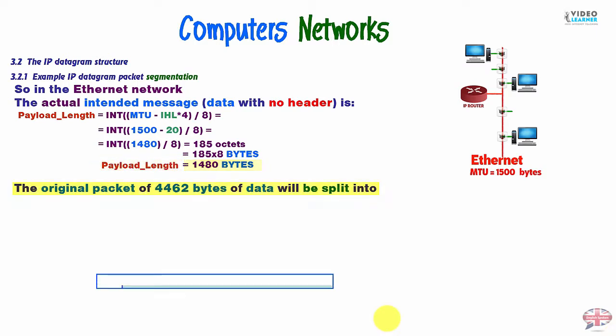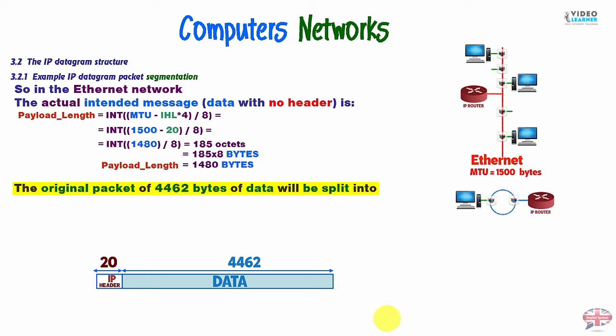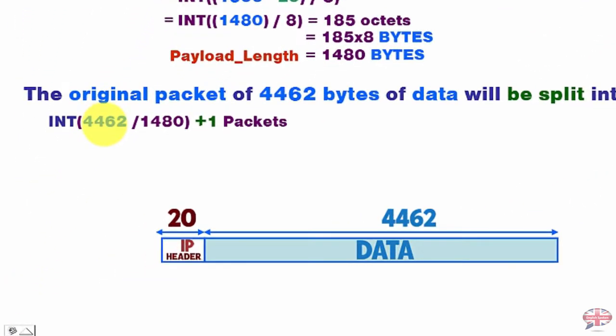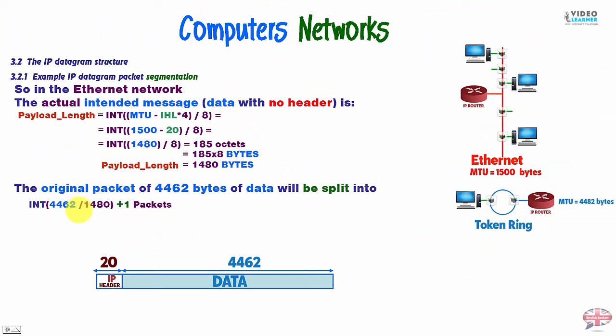The original packet of 4462 bytes of data will be split into a number of fragments. With this arithmetic operation, we can find the number: integer of clear data of the first original packet divided by clear data of the second packet, plus 1 packet.